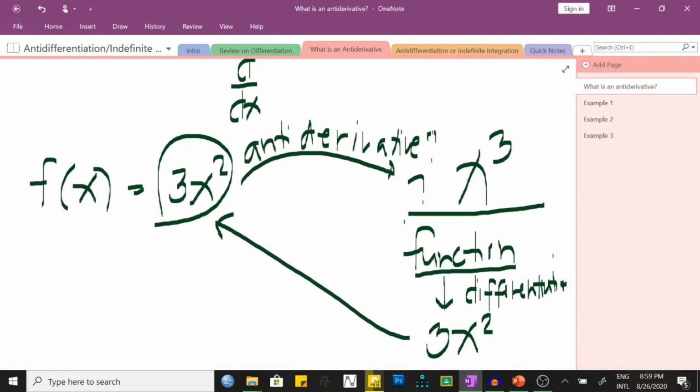Let me put it in another way. When you are given a function and you are asked its antiderivative, you are actually treating that one as a derivative of some function. And that function is what we want to identify.